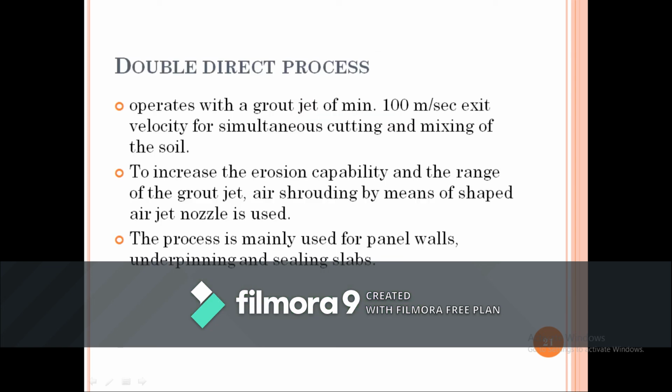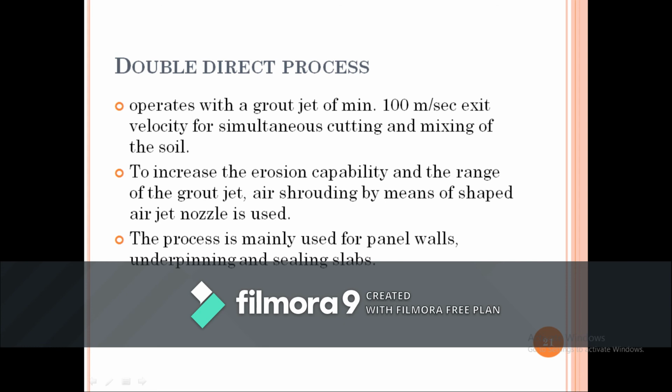The next process we have is the double direct process. It operates with a grout jet of minimum 100 meters per second exit velocity for simultaneous cutting and mixing of the soil. This is the same process as in the single direct process. To increase the erosion capability and the range of the grout jet, edge shrouding by means of a shaped edge jet nozzle is used.